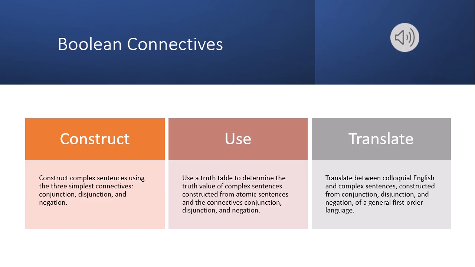We'll also offer a slight variation on the semantics of these statements. We'll be looking at the game semantics that's offered in the textbook as well, as another means of understanding when a given sentence is either true or false. Finally, we'll be talking a lot about translating between English and these first order sentences and what that looks like for conjunction, disjunction, and negation.